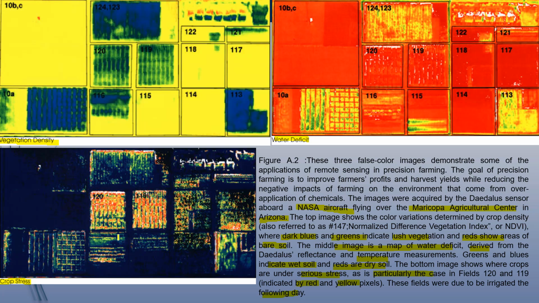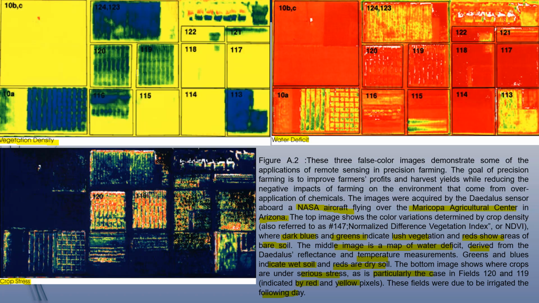So let's see what is happening over here. This first image is showing the vegetation density, how close together the vegetables or crops are in a particular area, and in which areas these are planted. You can see that in the blue region out here the density is higher.